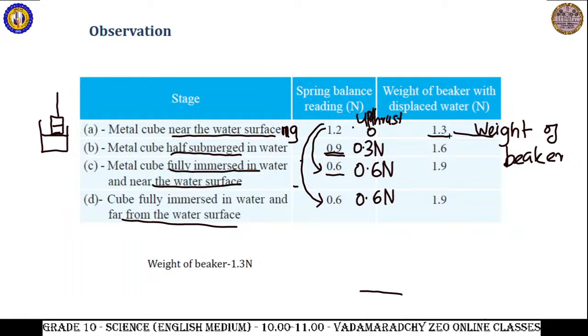The weight of the beaker with displaced water is 1.6. We already found the weight of the beaker is 1.3, so the weight of displaced water is 1.6 minus 1.3, which becomes 0.3 Newton.